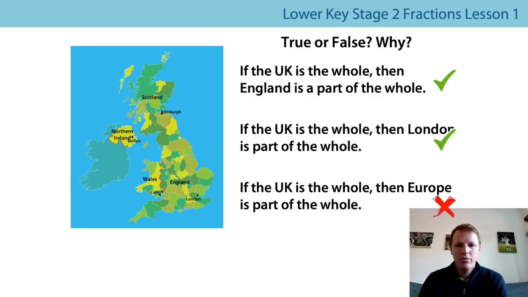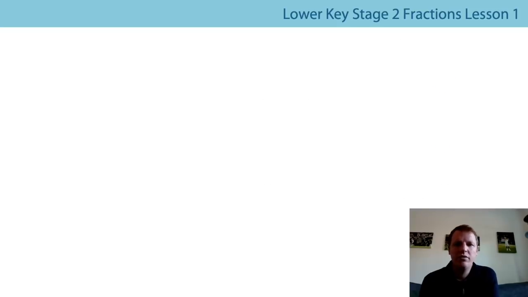This cannot be true. Now, I wonder if you've noticed that each time I've made our wholes slightly smaller. We started with Europe as a whole, we then moved to the United Kingdom as a whole, and the United Kingdom is within Europe.